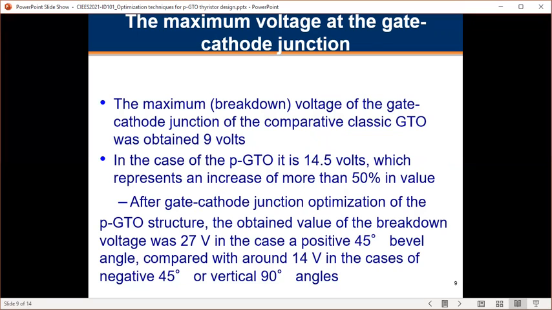Moreover, we afterwards did the gate-cathode junction optimization of the P- GTO structure by beveling and obtained a breakdown voltage value of 27 volts in the case of positive bevel, so even greater value.